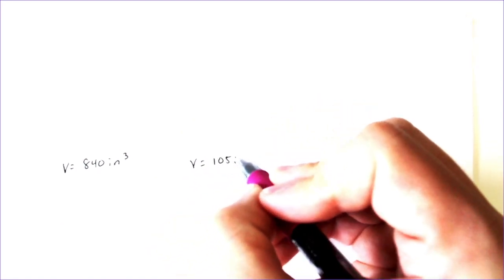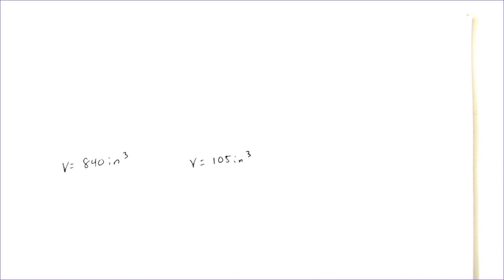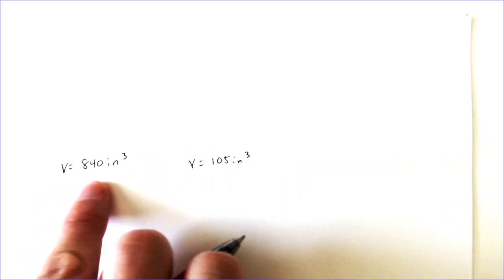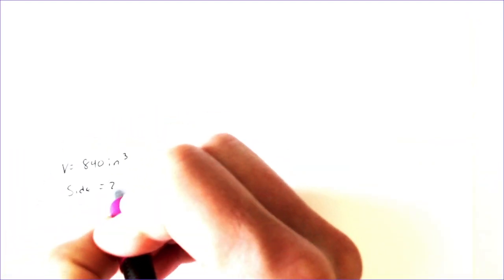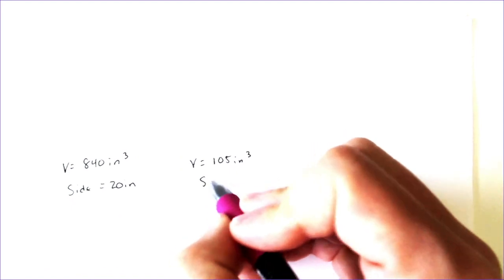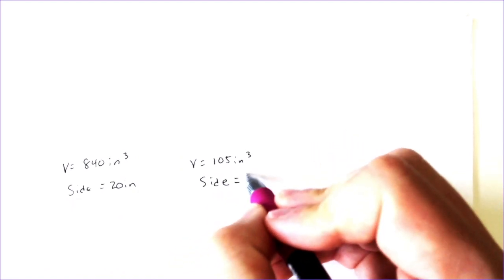So this time we're going to be given the volume is 840 inches cubed, and the volume of the other shape is 105 inches cubed, and the side of the bigger shape, I'm going to say, is equal to 20 inches, and we're looking for the side of the smaller shape.